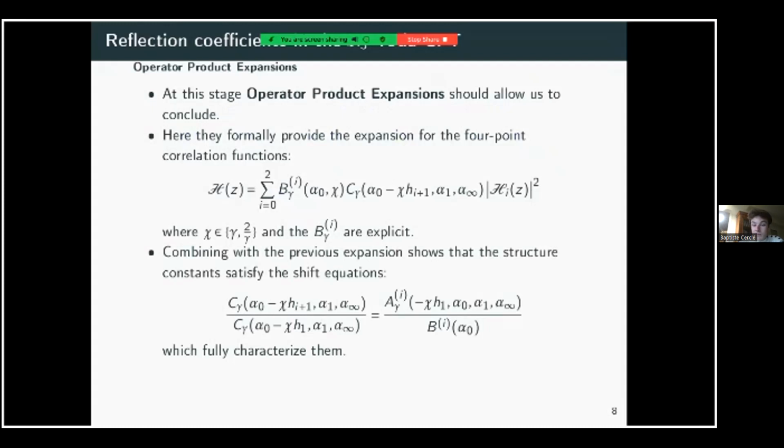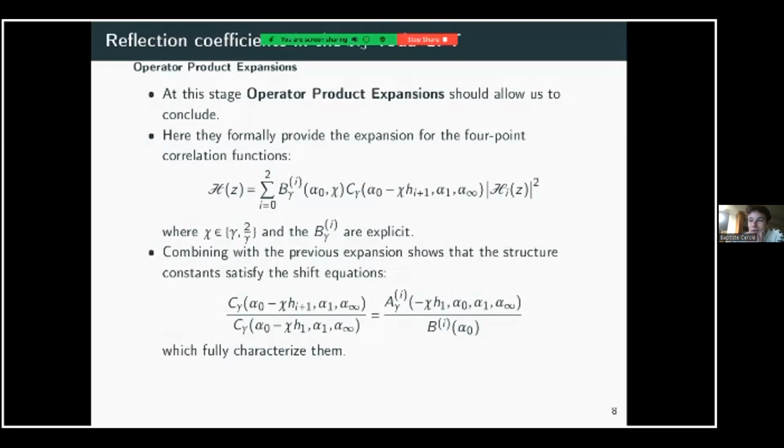Starting from this point, as soon as you have these shift equations, you can deduce the formula that I presented at the beginning, since this formula uniquely characterizes the Fateev-Litvinov formula up to a multiplicative factor.